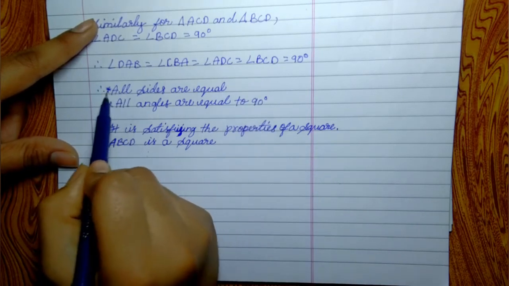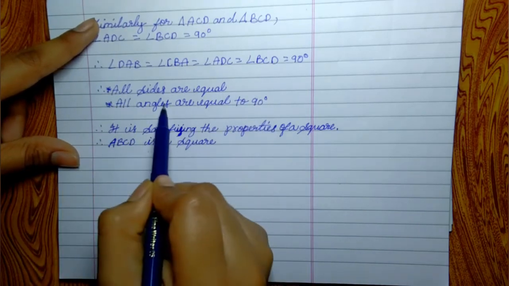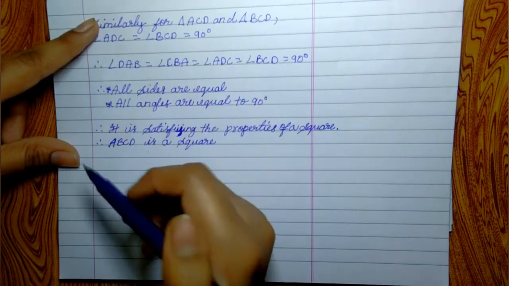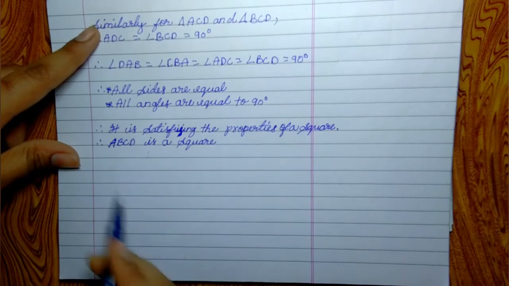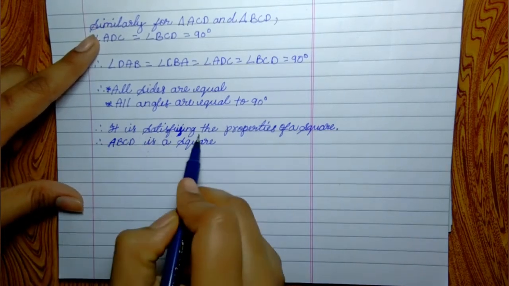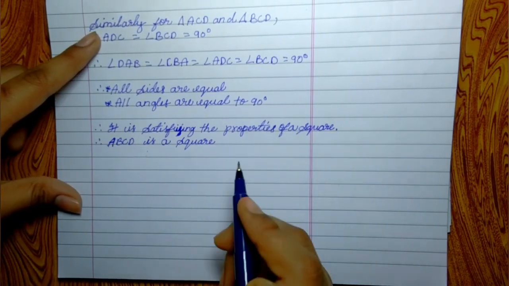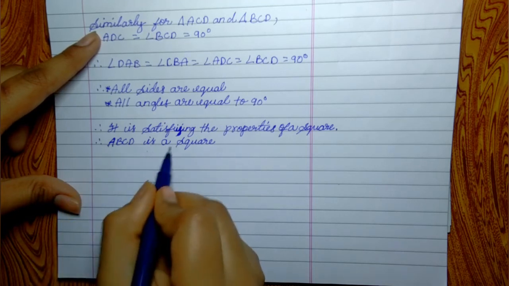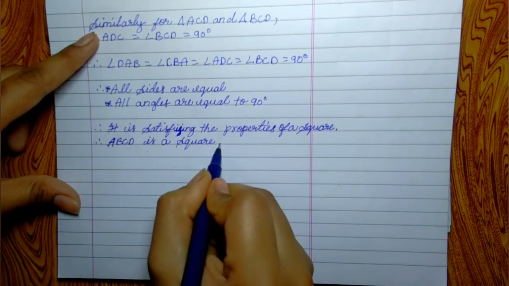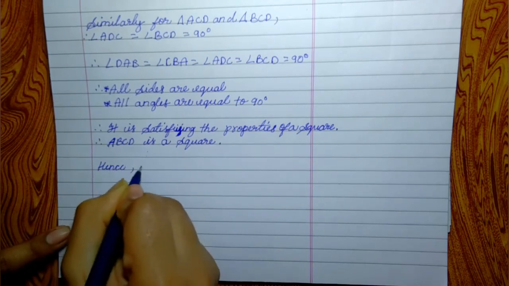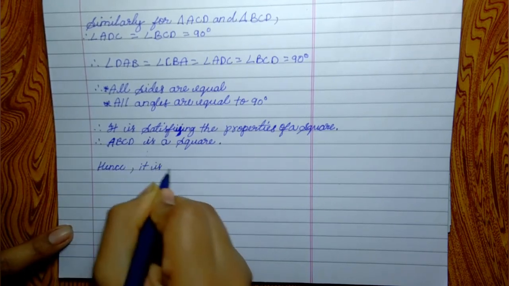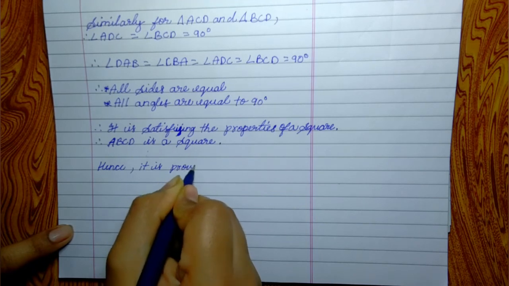So, here the first point is all sides are equal, that we have proved in the case of the rhombus itself. All angles are equal to 90 degrees. Here we can see. Therefore, it is satisfying the properties of a square. Therefore, ABCD quadrilateral is a square. Okay, friends? Hence, it is proved.